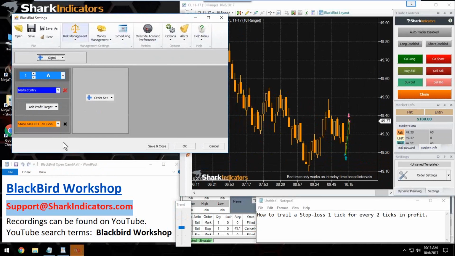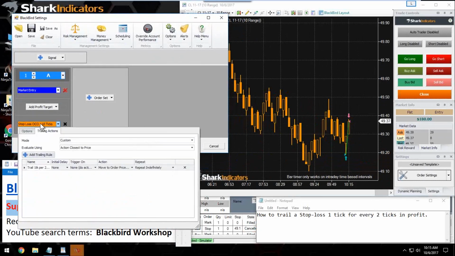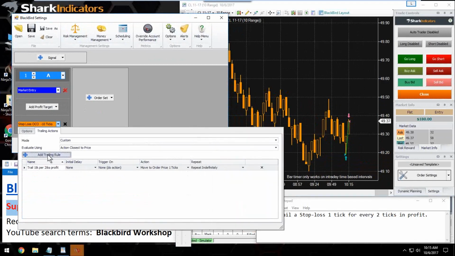And now for the second part, let's add a break-even component to this. We're going to add another trailing rule here, and let's do a break-even plus 1 at 10 ticks.